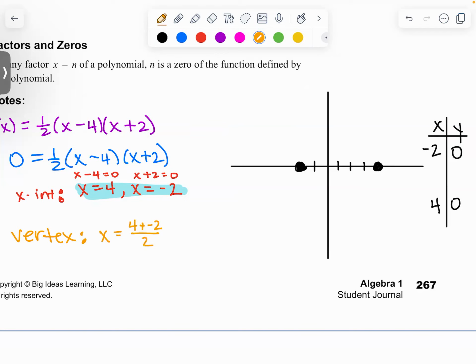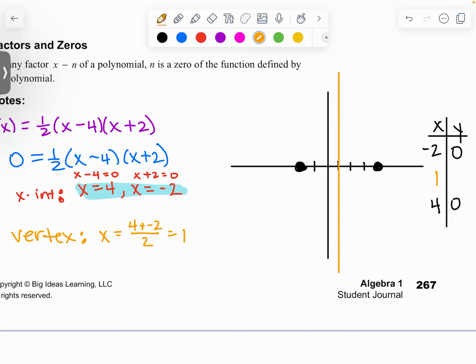What do we get? I think we get 1. And does that make sense? Is 1 halfway in between 4 and -2? Yes. I thought that divided across our axis of symmetry. Yeah, that's what we're getting. The axis of symmetry goes through the vertex.